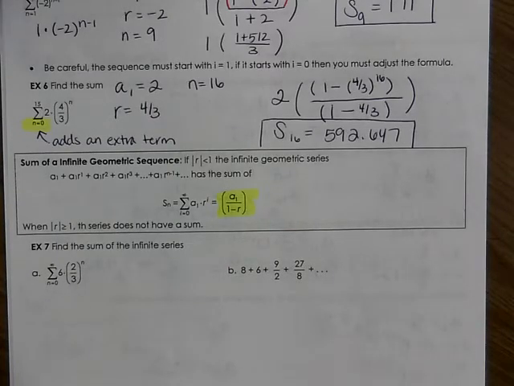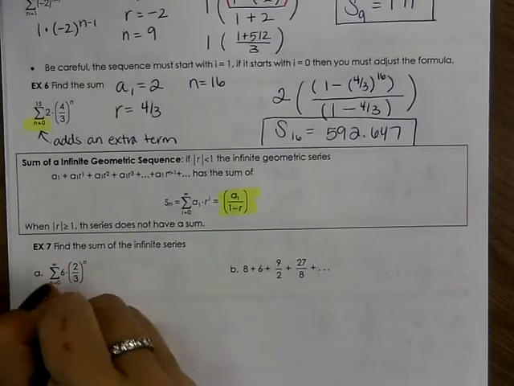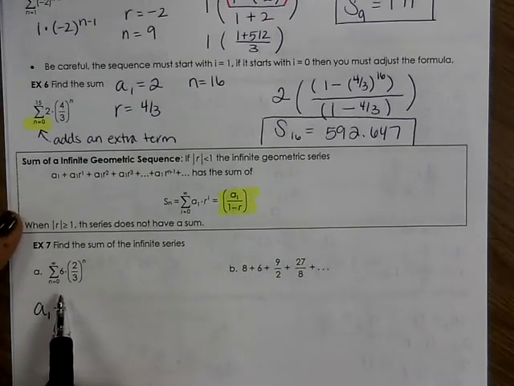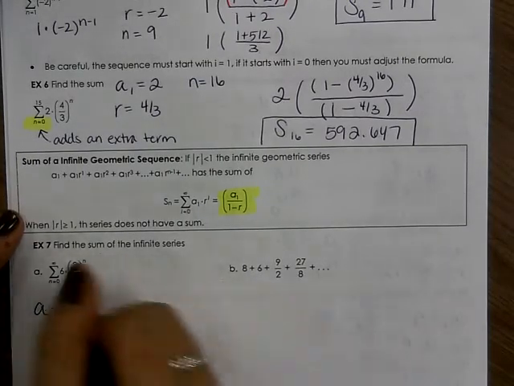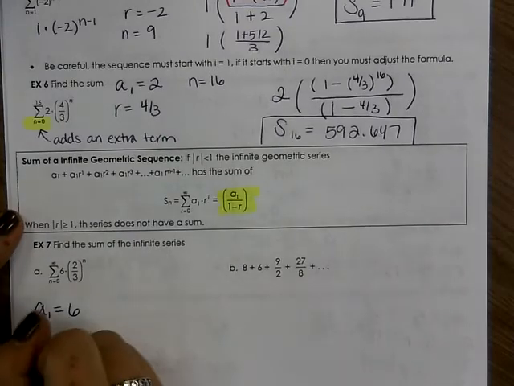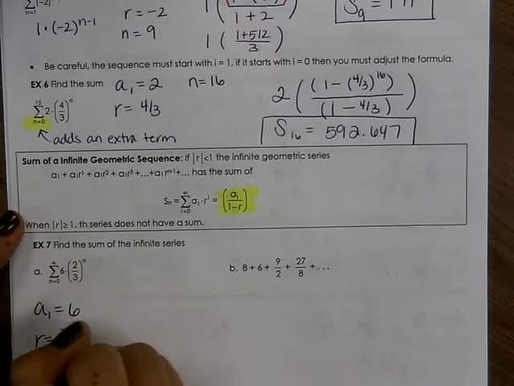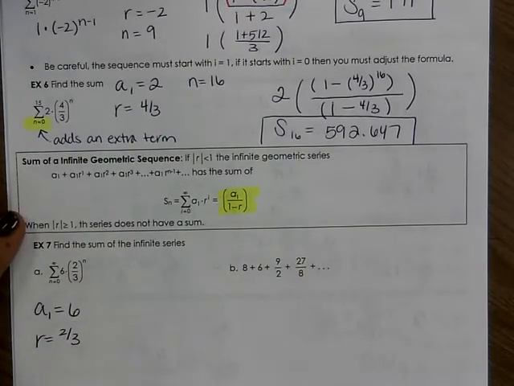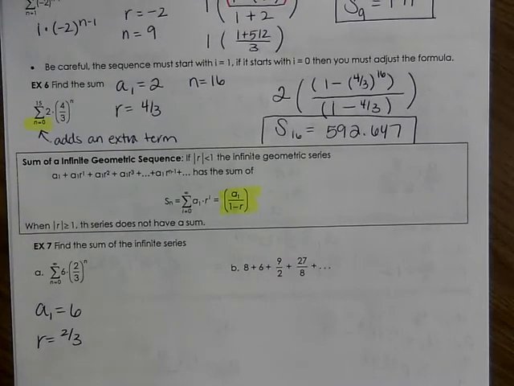So, to find the sum of the infinite series, you just gather your information and plug it in. So I need a sub 1, which, can I see that from my formula? Yep, is 6. And I need r, which is 2/3. And then I plug it in.